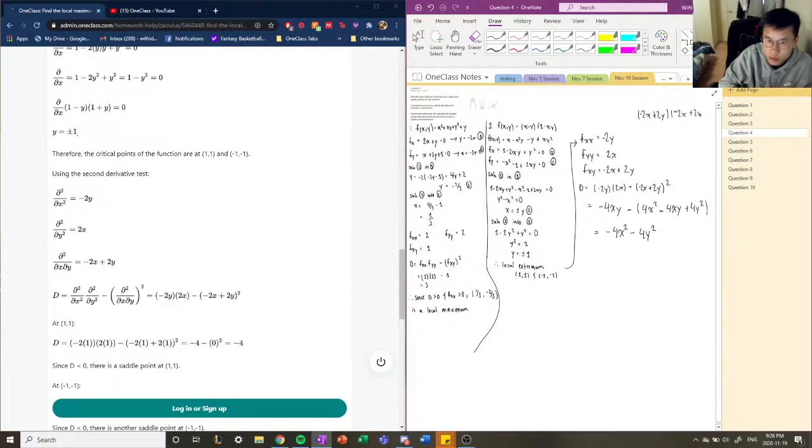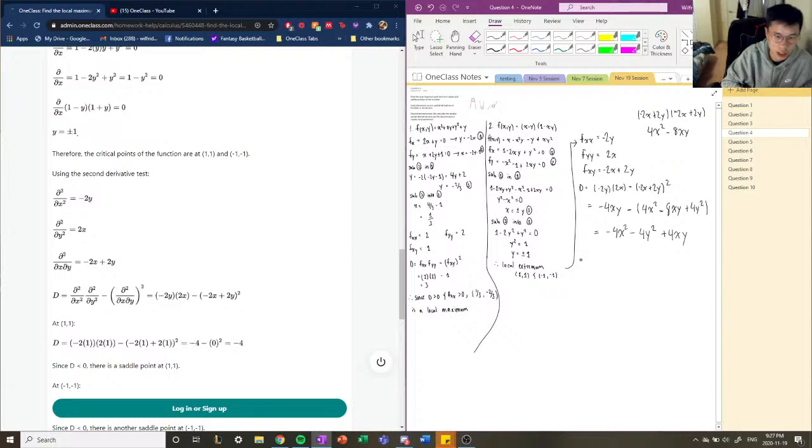I don't want to make any mistakes here. So 4x squared minus 4 should be 8, minus 4 negative xy plus 4y squared. So negative 8xy. So this should actually be plus 4xy. Okay, cool. There we go.